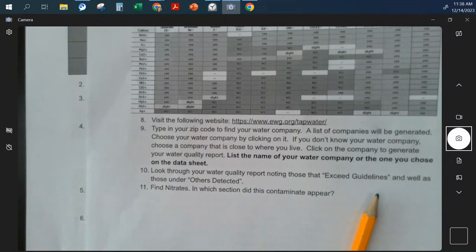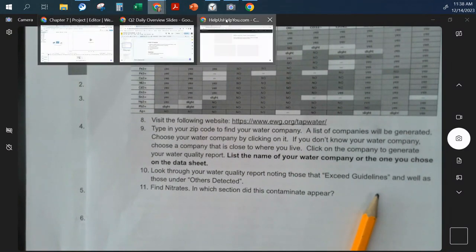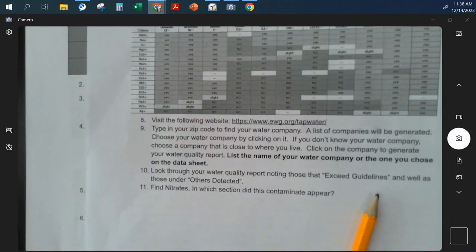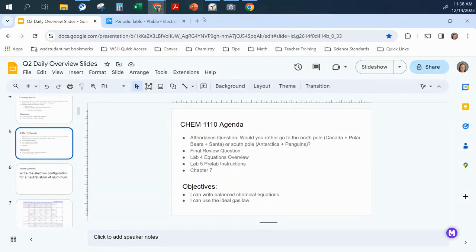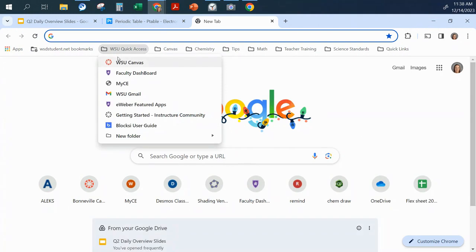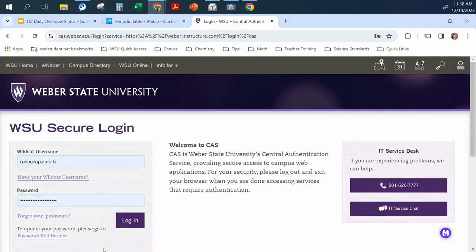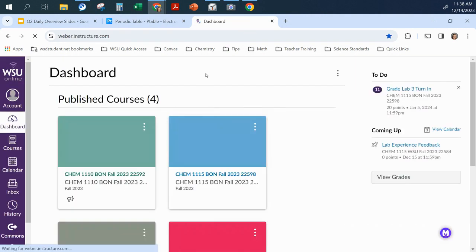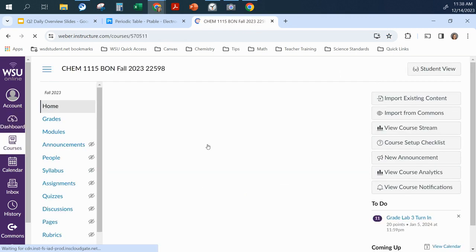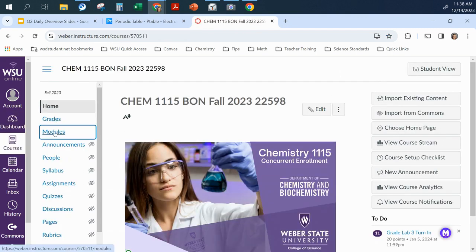So I'm going to go to Canvas, actually. I can find the instructions on Canvas.